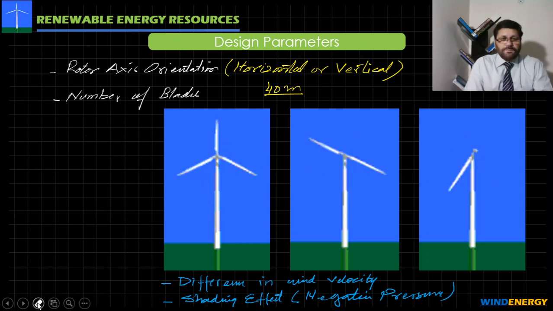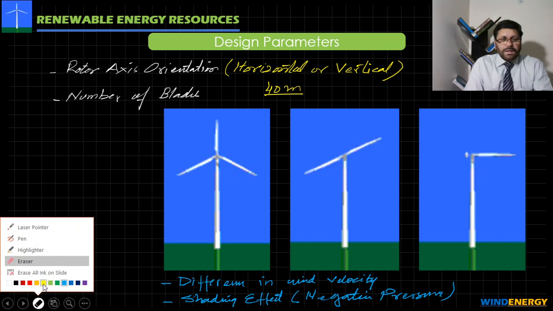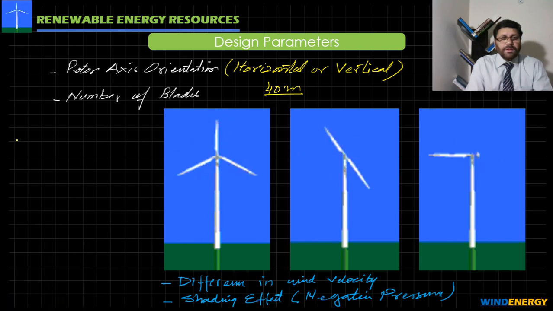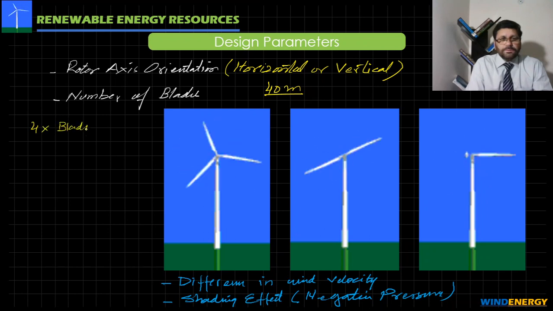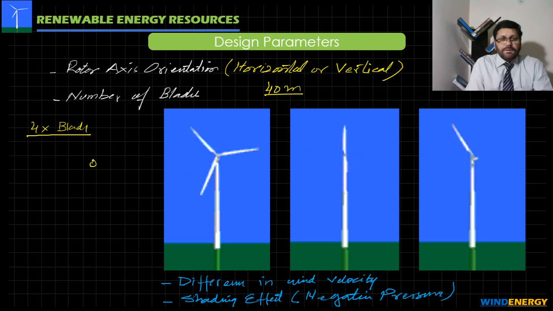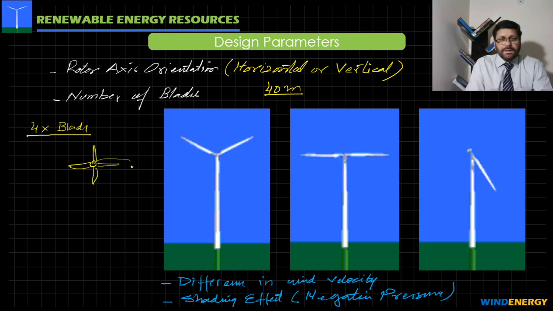Now let's consider the four blade. Again in a four blade wind turbine there may be a position like this, and here you have the nacelle and you have the tower.